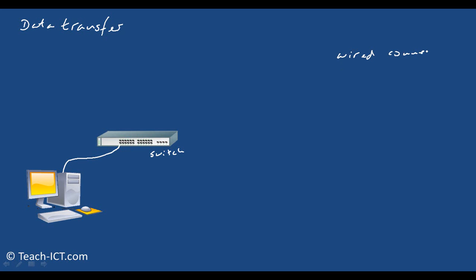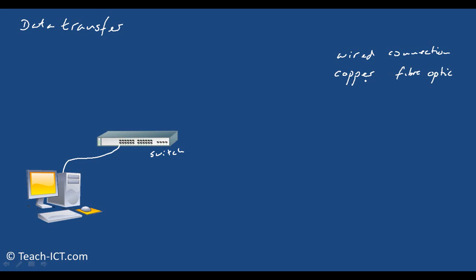Wired connection. Now, we're going to look at data transfer speeds as well on this one. At our school, we're a bit old-fashioned, unfortunately, and our cables are all made of copper. And you may be at a very posh school with fantastic new cables that have what we call fibre optic cables.